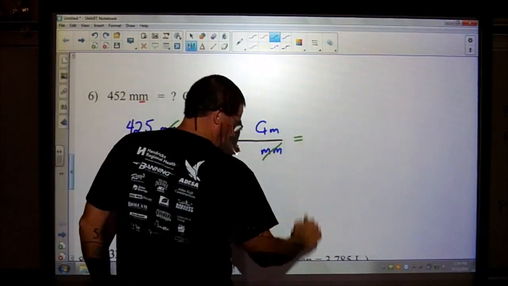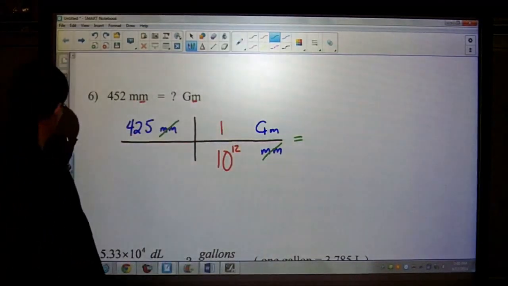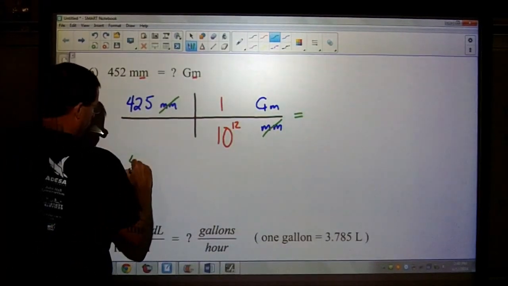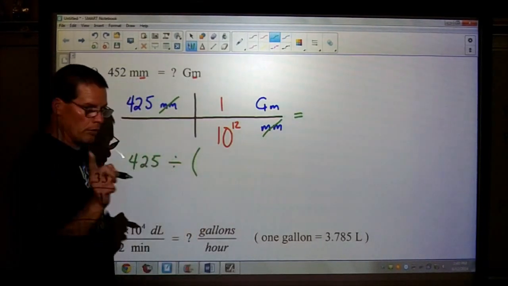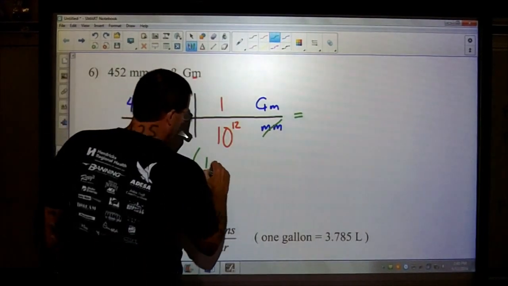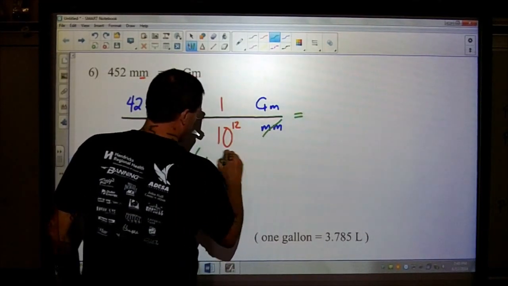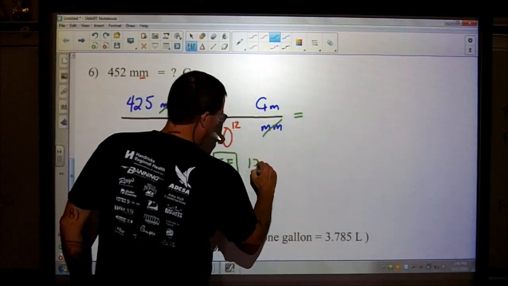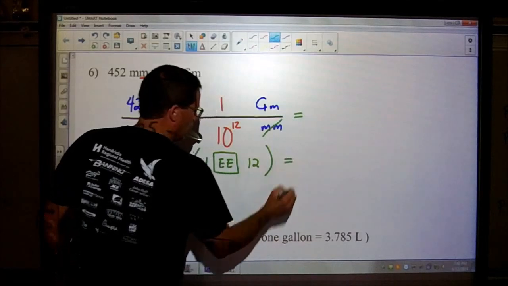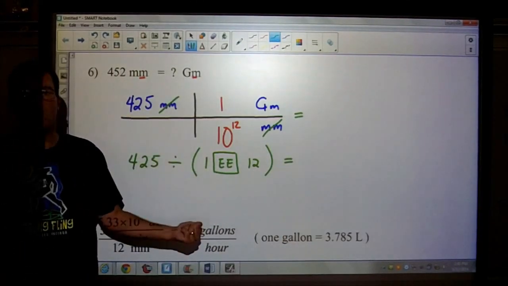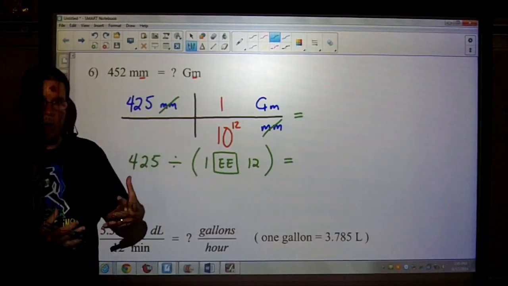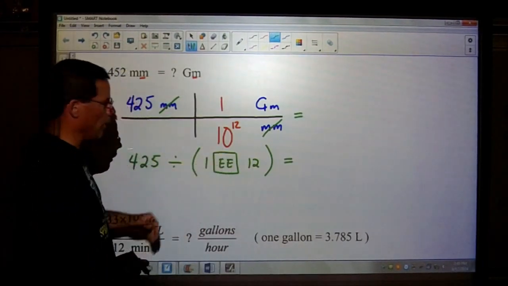So let's make sure we can type this in. And the way that you would type this in on your calculator, 425 divided by, open your parentheses, good habit to get into, 1 EE 12, close the parentheses, equals. Now you can't type out 12 zeros on your calculator, so you have to use some form of your exponent button.